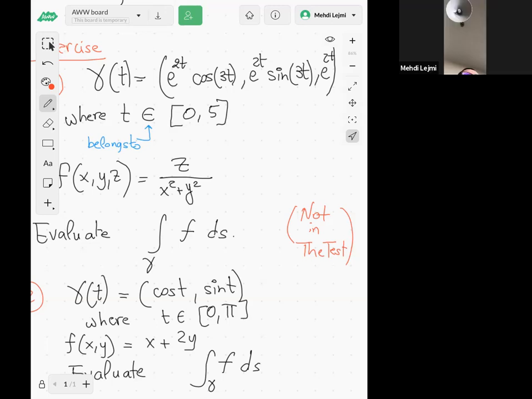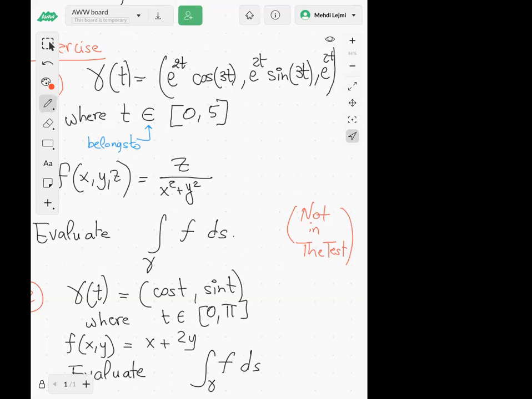Oh yeah, and by the way, you have to submit this form online. But all you need is the title of the project. My suggestion is that the title would be, as I said yesterday in the email, the Cartan structural equations. I don't think you need a description of the project, only the title.